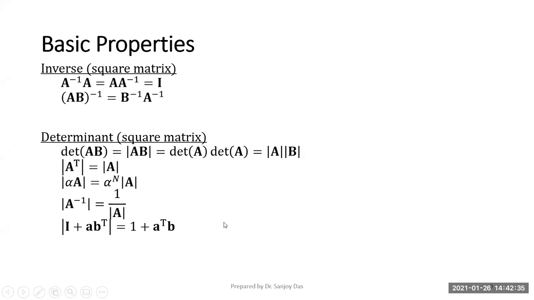Now, throughout this course, bold uppercase will always denote matrices. Bold lowercases will denote vectors, and by vectors, I will, by default, mean column vectors.